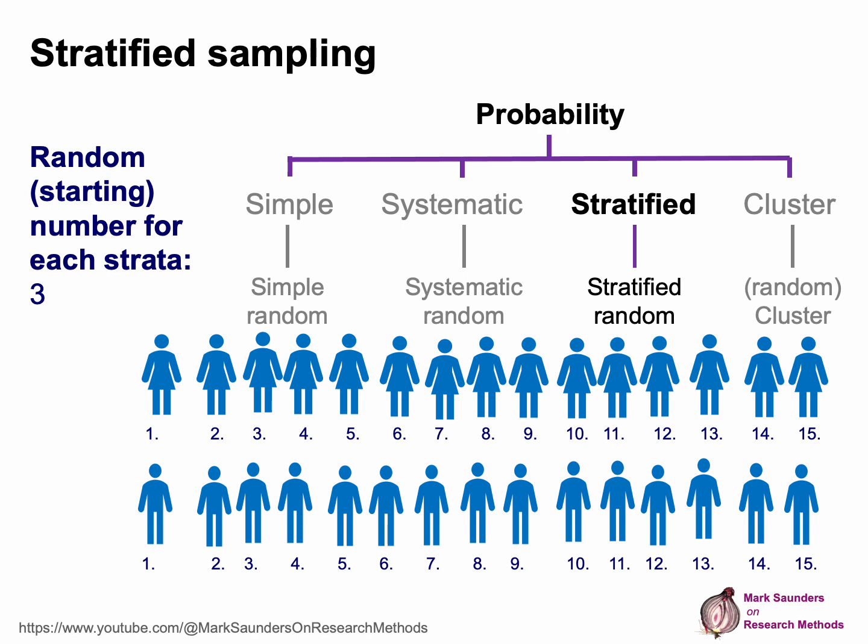And so we've selected a random number starting at 3 for each strata, and we're going to take a 1 in 3 sample or a 33% sample. And when we do that, we start with the third person and then we select all the way through every third person. And you can see this happening within each strata in this example.